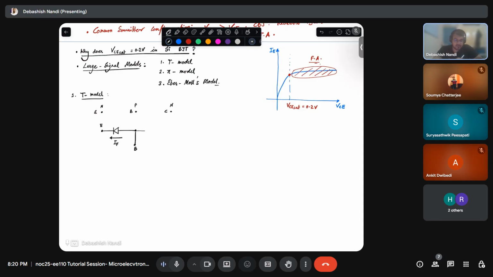The current is IF. Then the collector base junction, they model it as a controlled current source. Okay. So the controlled current source, why?